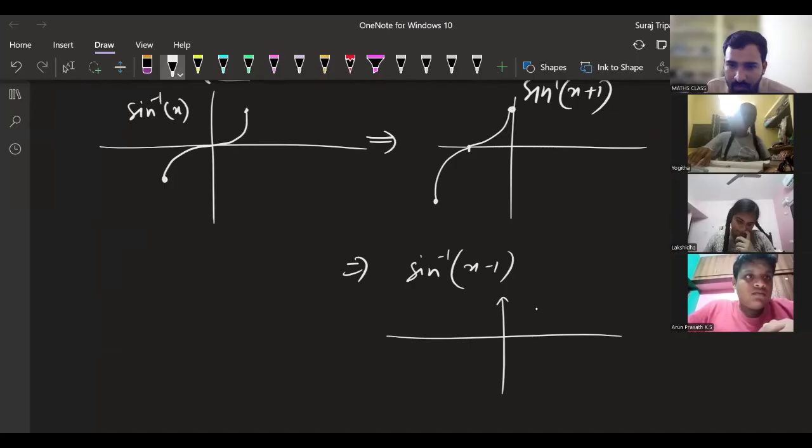So we have to shift the entire graph. This is one, and the new graph will look like this one. Original graph, we have to shift towards the right side.